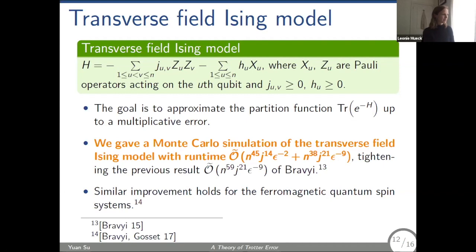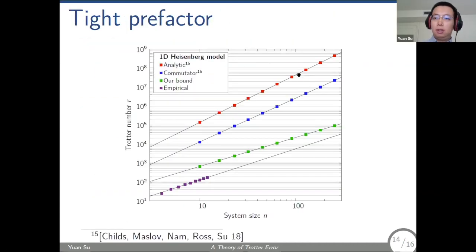Great. And another question by Adrien Suau: how easy is it to compute this new bound for Hamiltonians? Does it require a lot of classical computation? Yeah, that's a good question. Here I have a picture where we compare the bounds for the 1D Heisenberg model with terms ordered in the even-odd pattern.